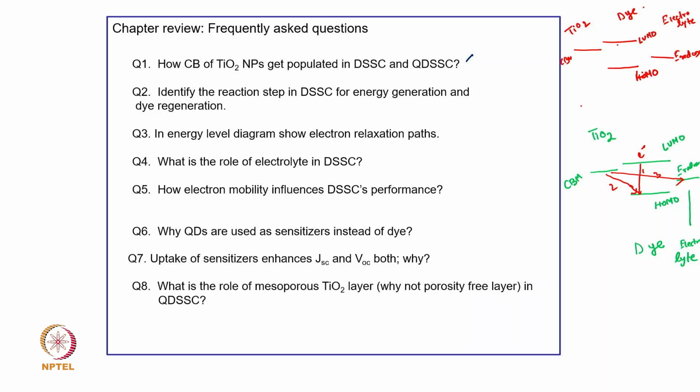So if you have more number of dye which is here, it gives you higher short circuit current. This is clear because number of charge carriers will be more, and then these electrons will be injected here.